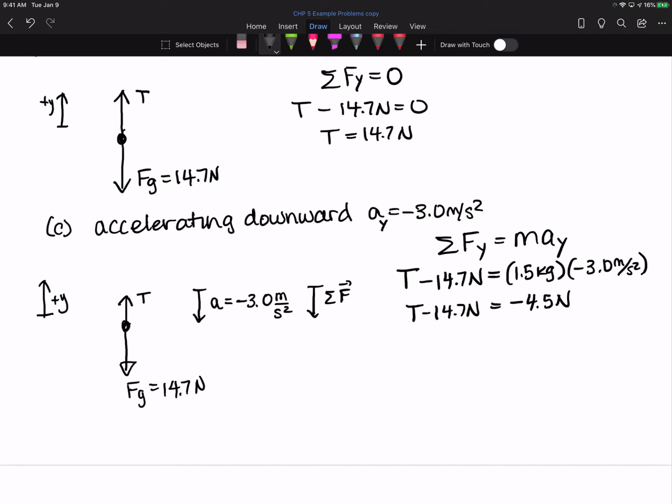So the negative here just means that the net force is in the downward direction. So if I add 14.7 to both sides, I get that the tension is 10.2 newtons, excuse me, 10.2 newtons. And this is going to be the apparent weight when the elevator is accelerating downward. So if the elevator is accelerating upward, then the scale is going to read more than the true weight. And if it's accelerating downward, it's going to read less than the true weight.